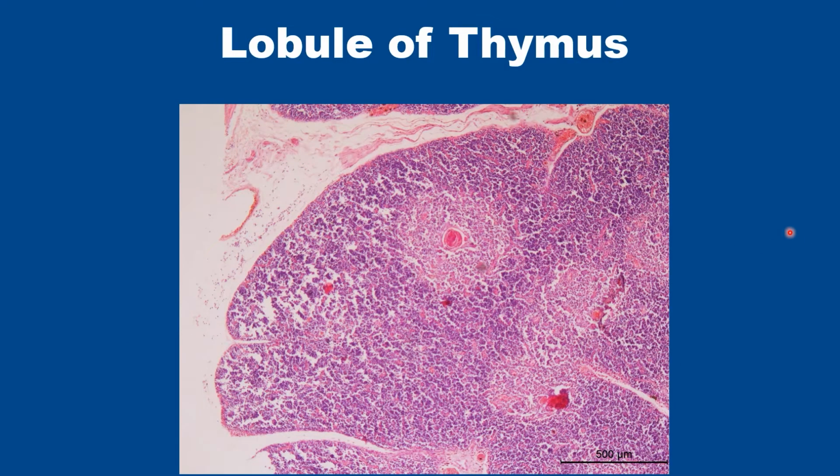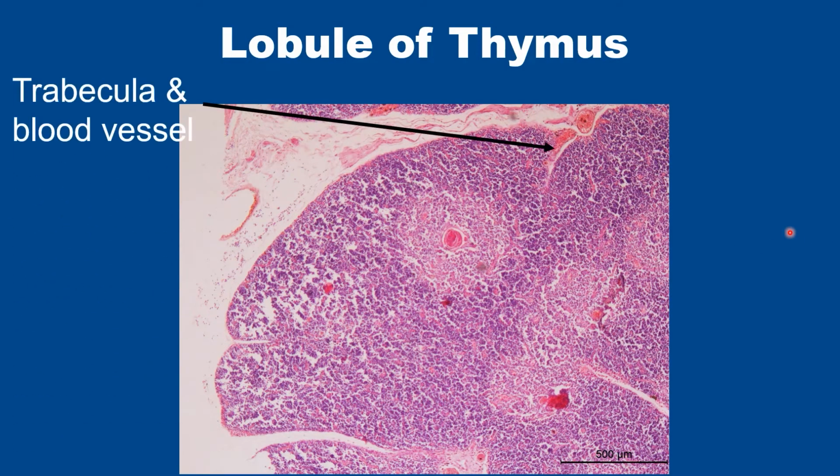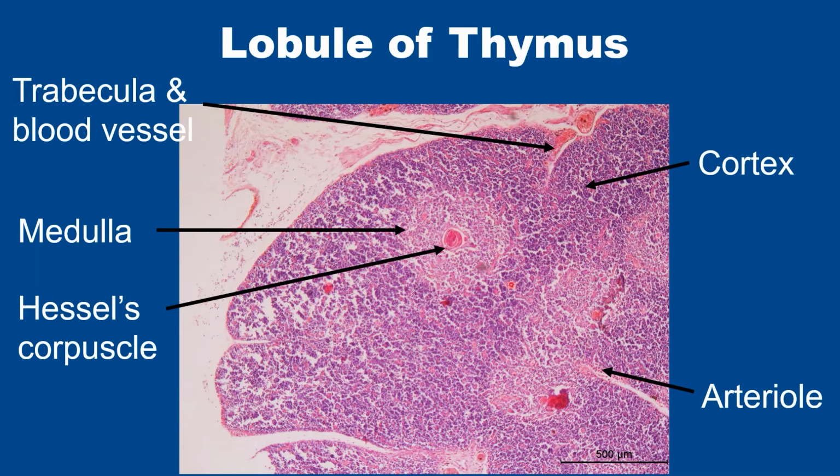This is higher magnification of the thymus, showing the trabeculae and the blood vessels. The blood vessels follow the trabeculae and divide into arterioles and capillaries. The cortex is darker and the medulla is lighter.